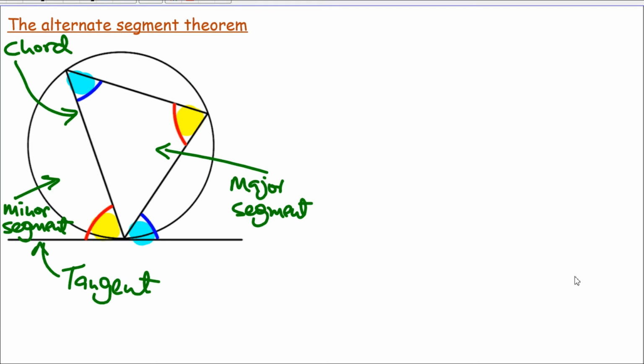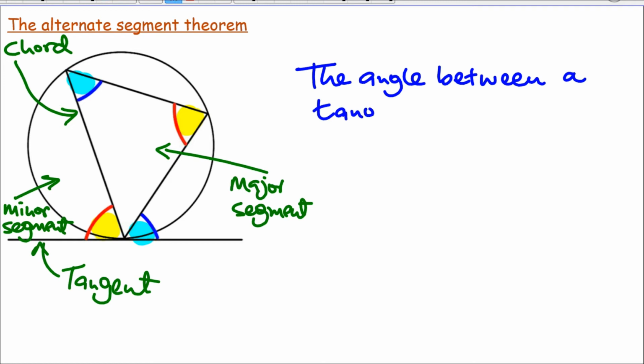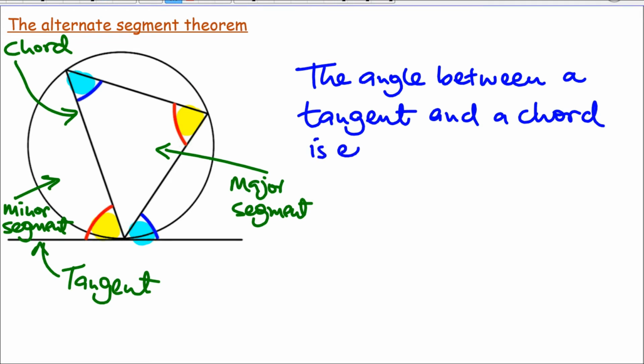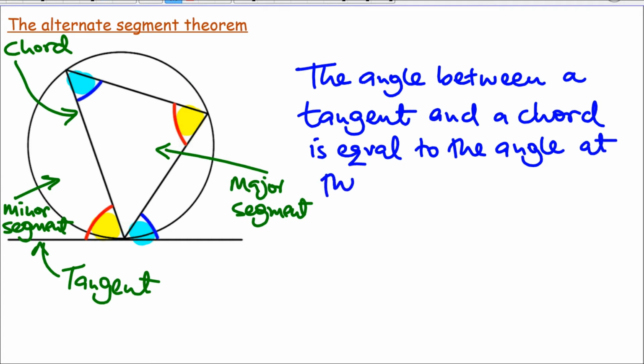So we can go ahead and write that statement and say that the angle between a tangent and a chord is equal to the angle at the circumference in the alternate segment.